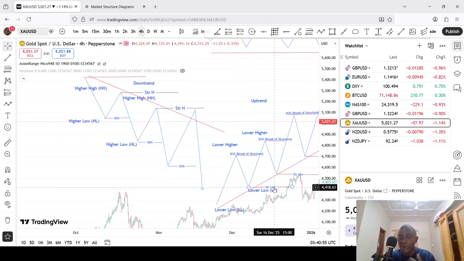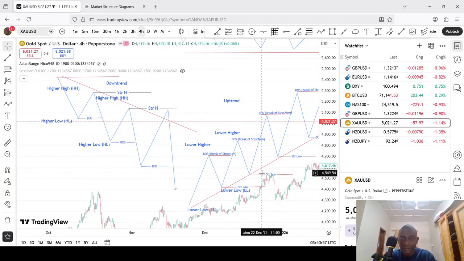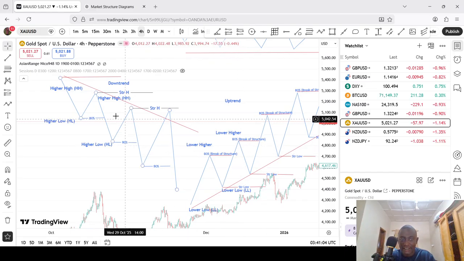The strong low is a point of interest for uptrend, and also the break of structure. And also take note that, as I said, price from the strong high, when it broke this structure, once price breaks a particular structure, there will always be a pullback.